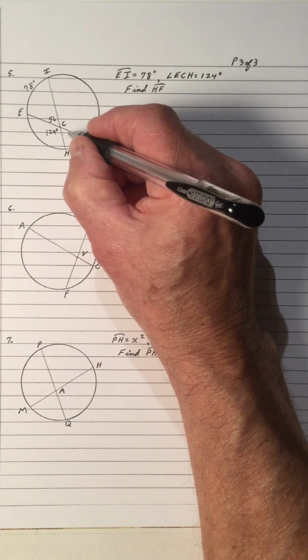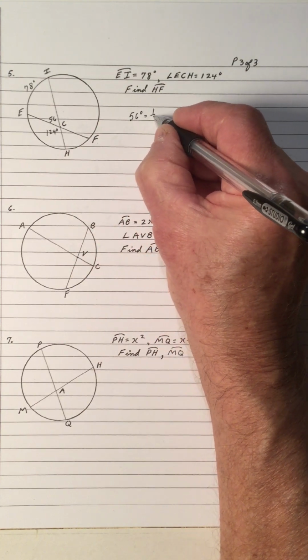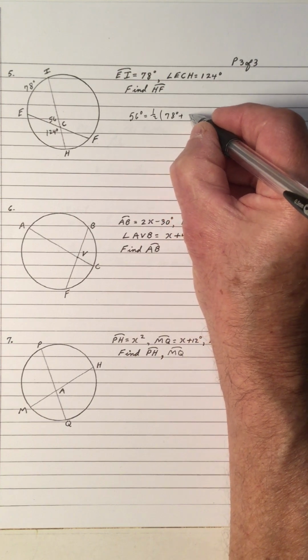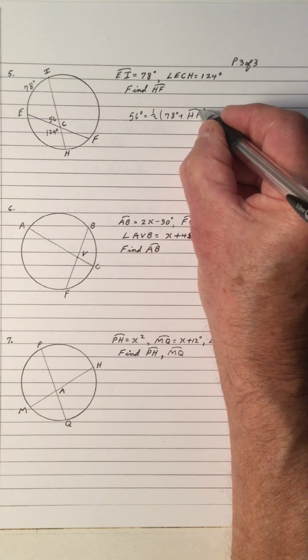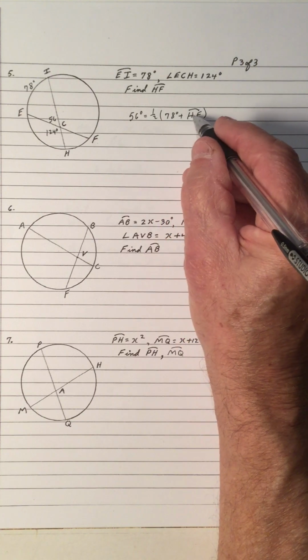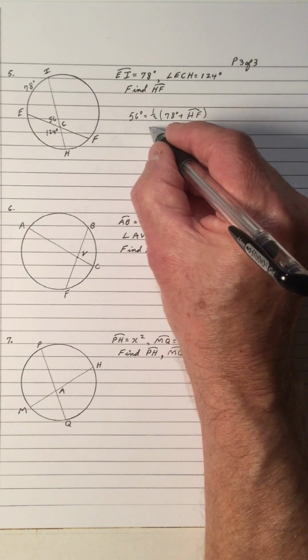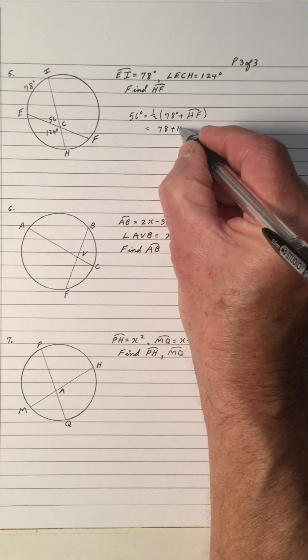So that means that 56 is equal to a half of 78 plus the arc HF. We can take a half of 78 and a half of HF, but we double. If we double this side, we get 78 plus HF.